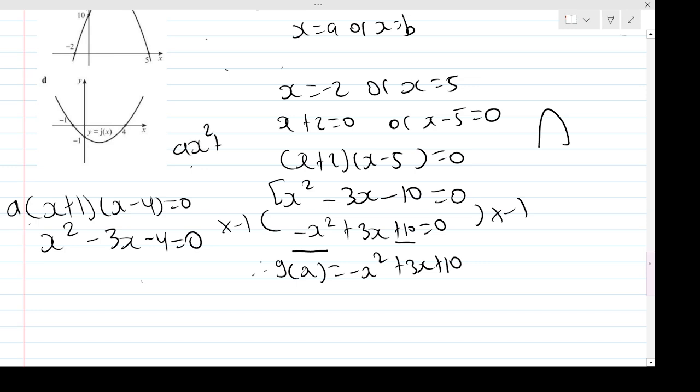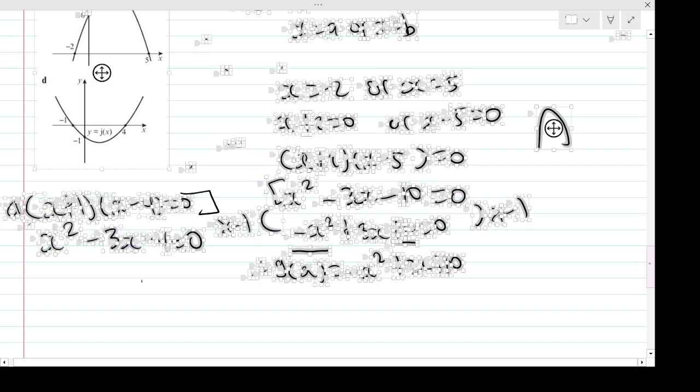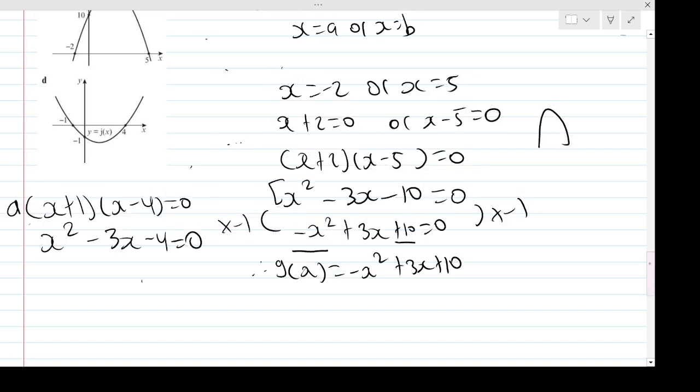So we have ax squared plus dot dot dot, which should be a here. The reason for that is because notice this is equal to 0, right? So when this is equal to 0, if I divide by a, I get the exact same factorization, and nothing changes with the roots.